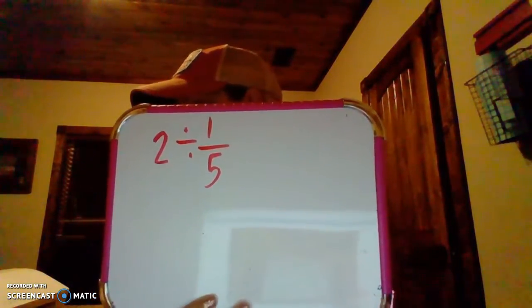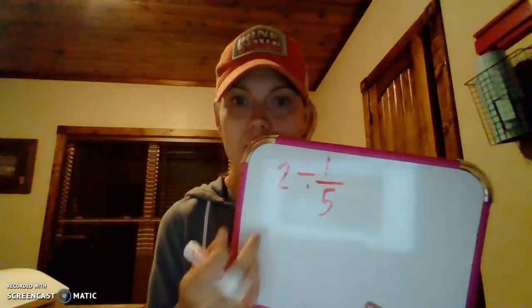She plans to use 1/5 of the meat for each burger. How many burgers will she be able to make? So she's starting with 2 pounds and she wants to divide it by 1/5 because each burger is going to be 1/5 of a pound. We want to know how many burgers can we make out of these 2 pounds.